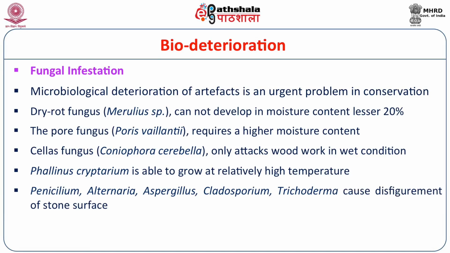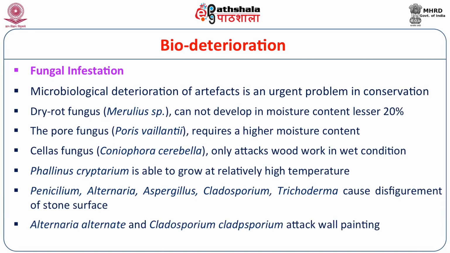Penicillium, Aspergillus, Alternaria, Cladosporium, Trichoderma cause disfigurement of stone objects and other types of objects. Alternaria alternata and Cladosporium attack wall paintings in the caves and this type of cultural properties.